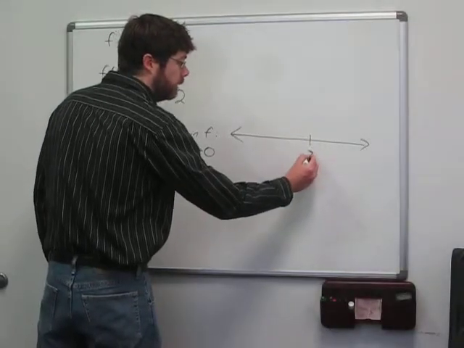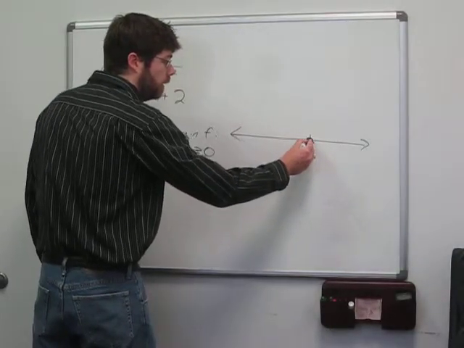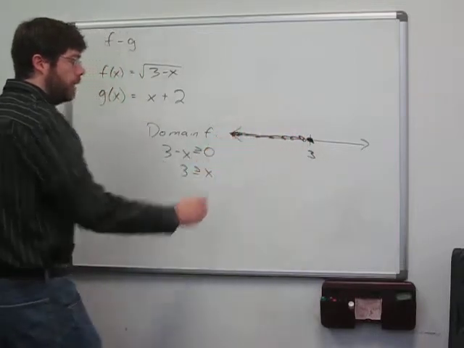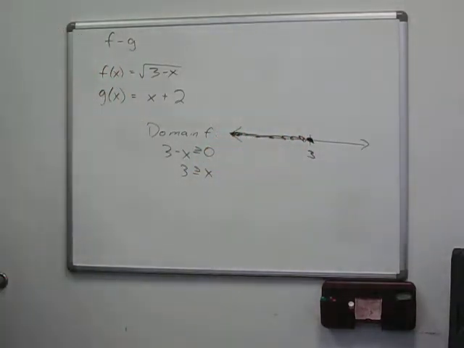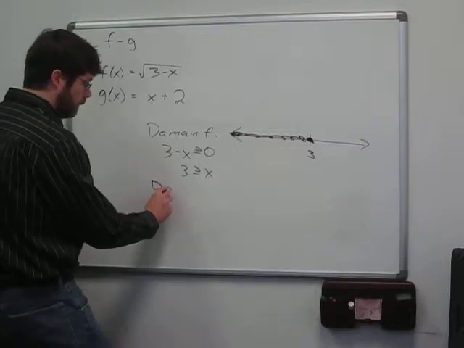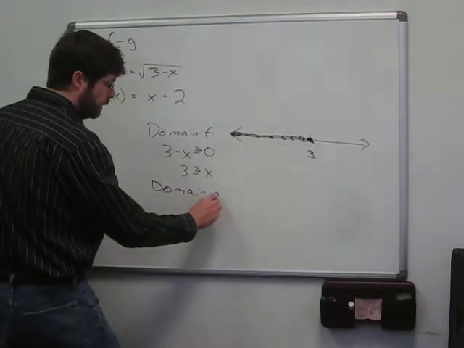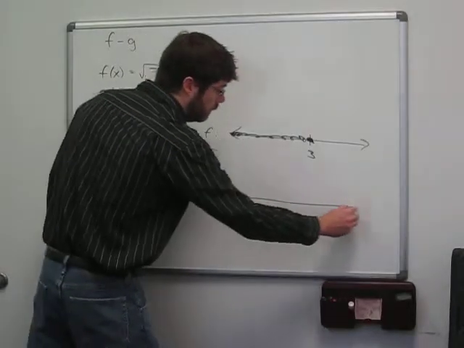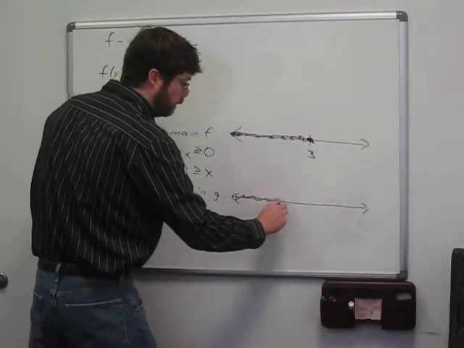So on the number line, I'm going to put a dot on 3 and shade in all the x values less than 3. The domain of g is a polynomial, so its domain is all real numbers.